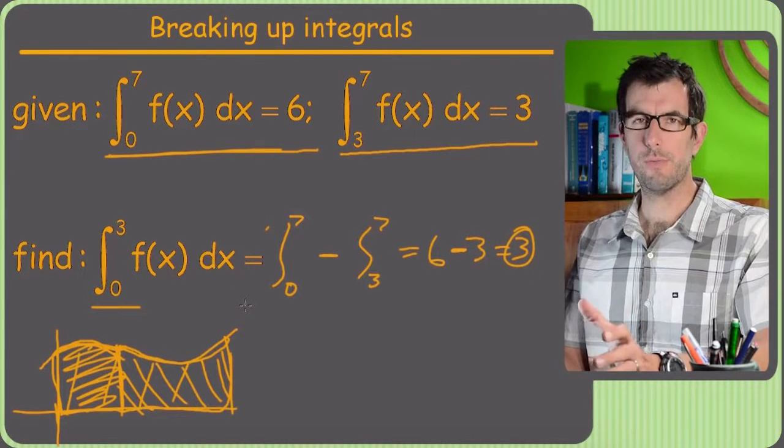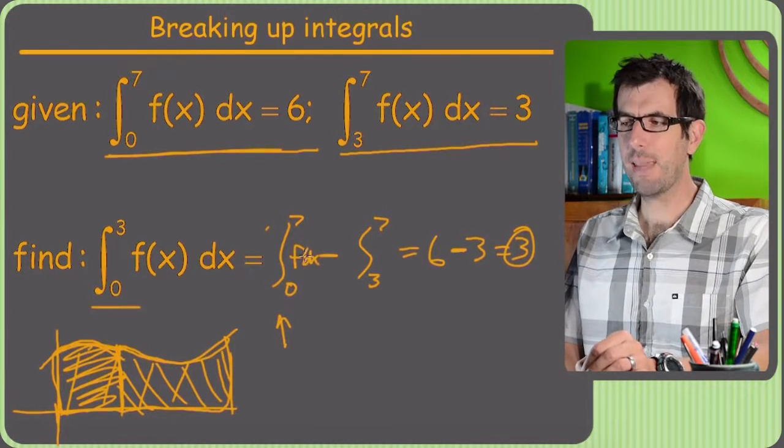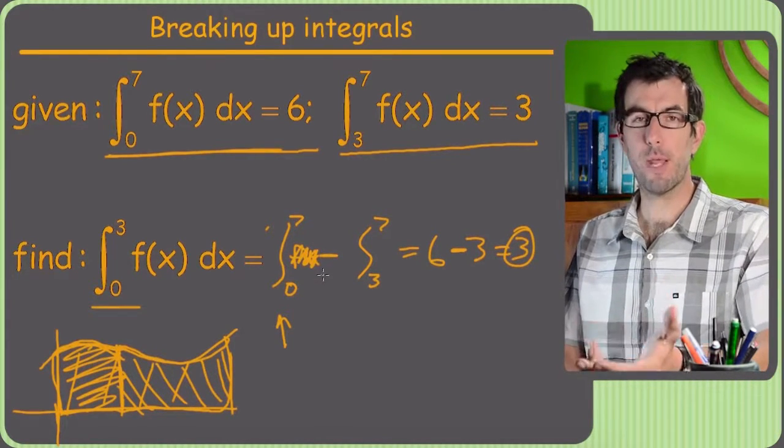Now just a little note on notation. If you look at how I just drew this, I didn't put f, I didn't put dx, I didn't put f of x in parentheses, just because I wanted to make this more obvious what I was doing.